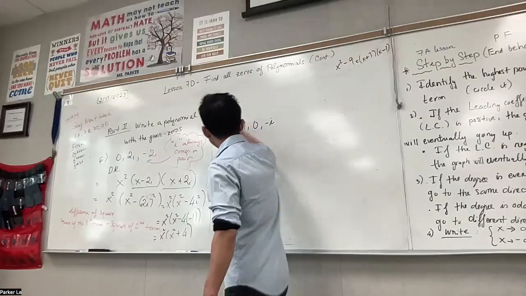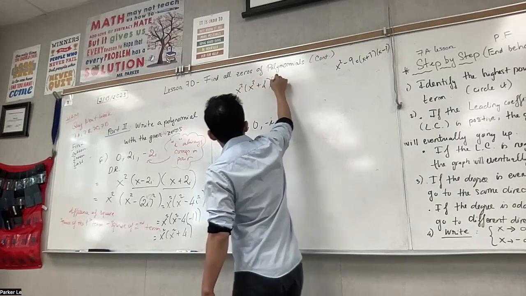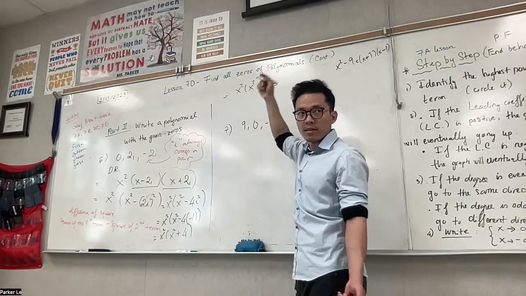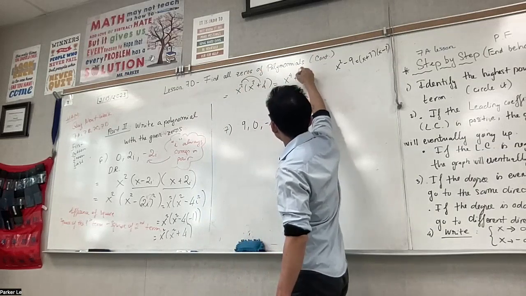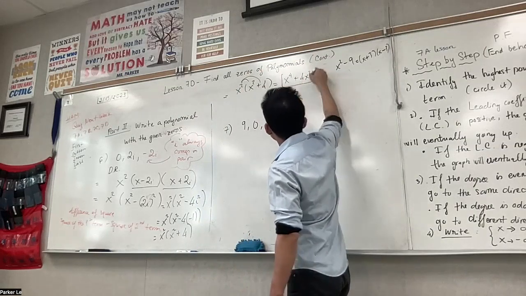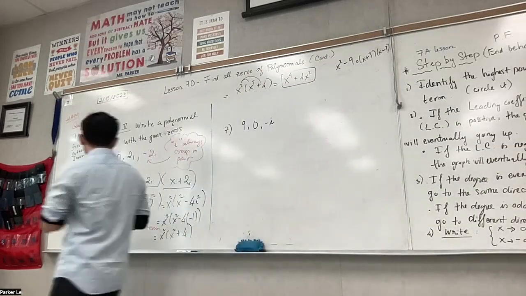Okay, so it continues over here, x squared plus 4. And now distribute this because we want the standard form. Distribute this and have x to the fourth plus 4x squared. That is the polynomial. Okay, let me go over again.